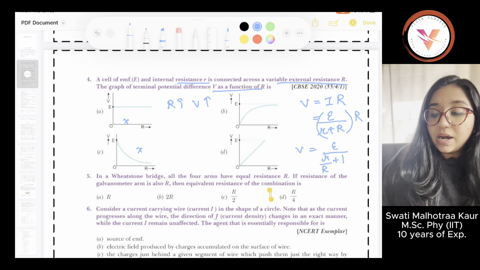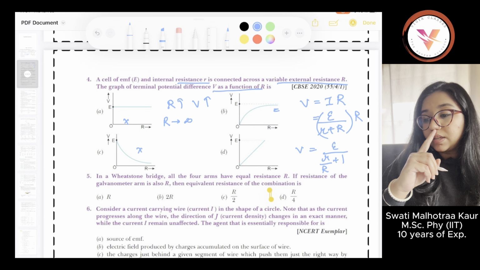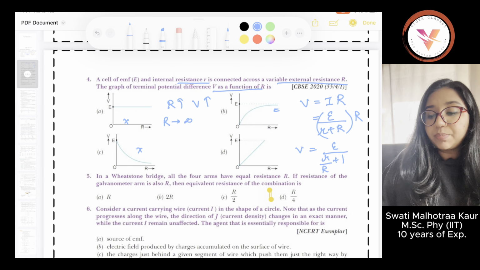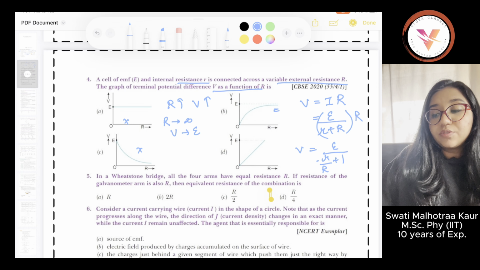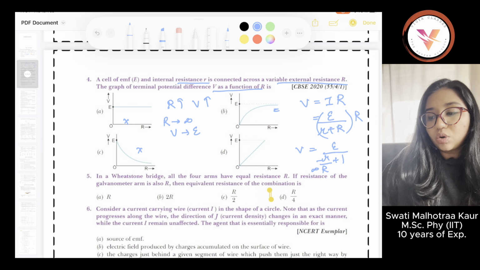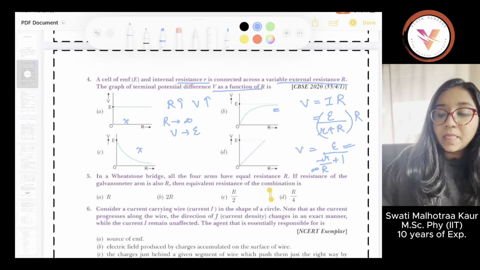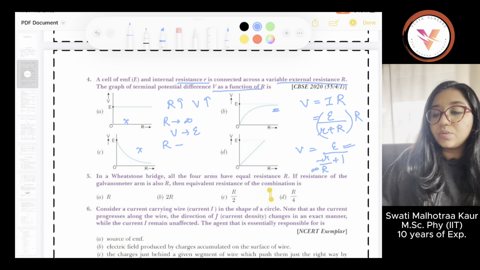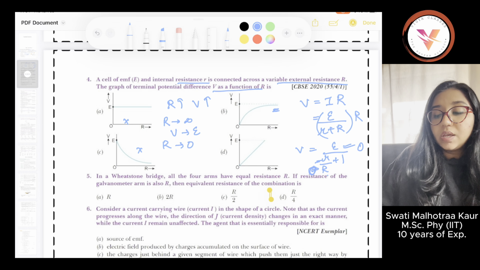But if your R tends to infinity, then V is almost approaching E because small r by infinity gives you 0, 0 plus 1 is 1, and it is almost equal to E. So if R is moving towards infinity, V approaches E. And when R tends to 0, small r by 0 is infinity, infinity plus 1 is infinity, and E by infinity is again 0, so V is also 0.